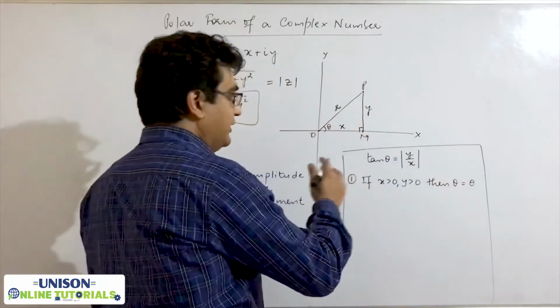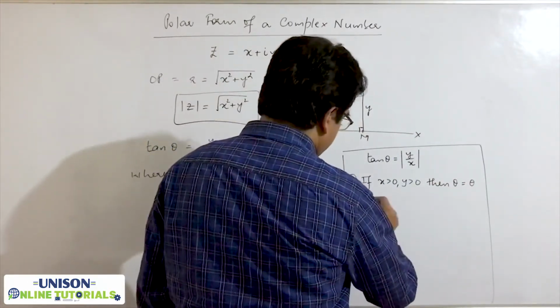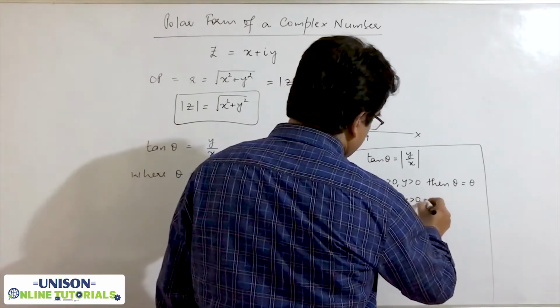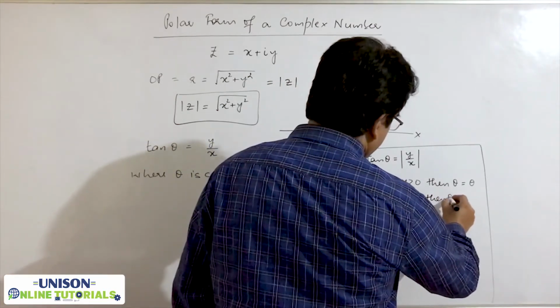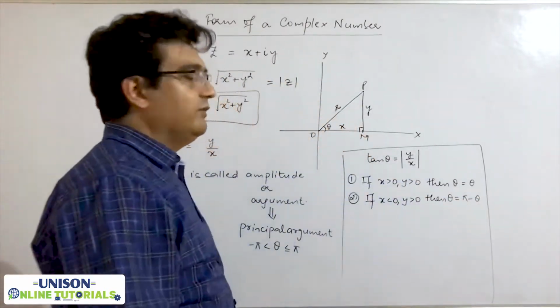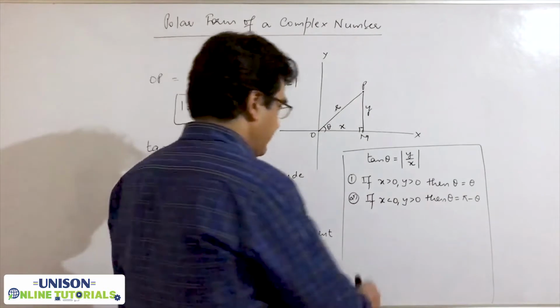So theta remains the same angle. Second, if x is less than 0, y is greater than 0, then theta will be pi minus theta. So we write theta by subtracting from 180.